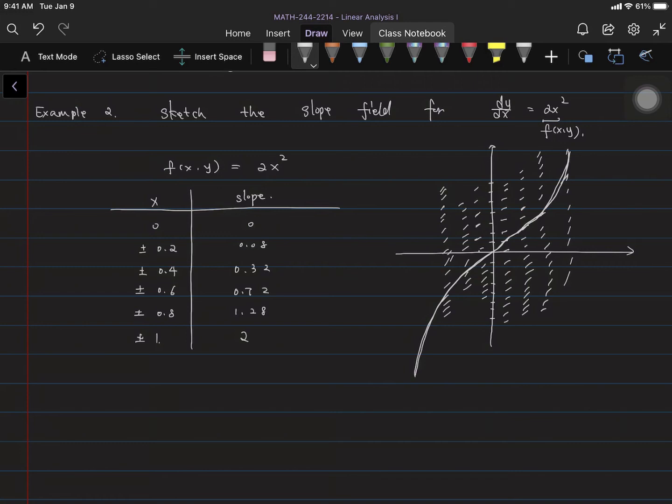And from this field, you can have some idea what the solution looks like. It's like an approximation of the solution. So we only do this when we cannot find a solution. If we can find a solution, we can just use the solution, okay? But by using just the slope, without solving this equation, just using the right side, we can have some idea of the solution.